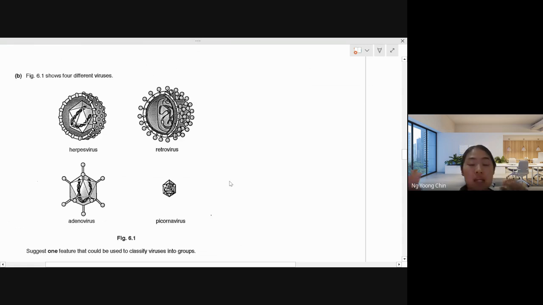Their structures are slightly different, but inside, the structure is almost the same because inside there is the genetic material. You can see this is the genetic material, either DNA or RNA. We are not sure, right? But this is the genetic material.